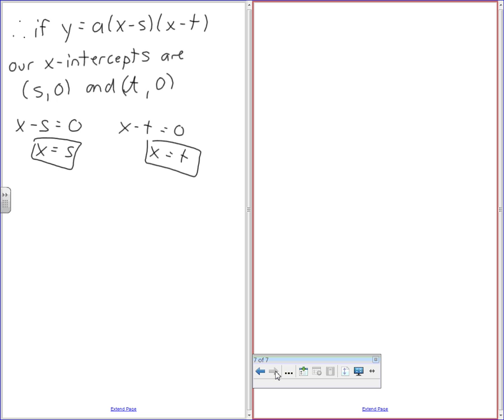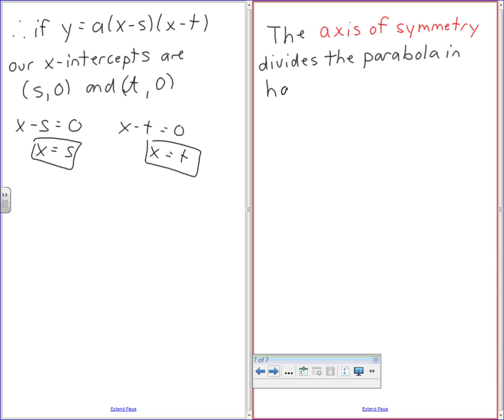The next thing is we're going to say the axis of symmetry. We're going to say divides the parabola in half, and is the x-coordinate of the vertex.